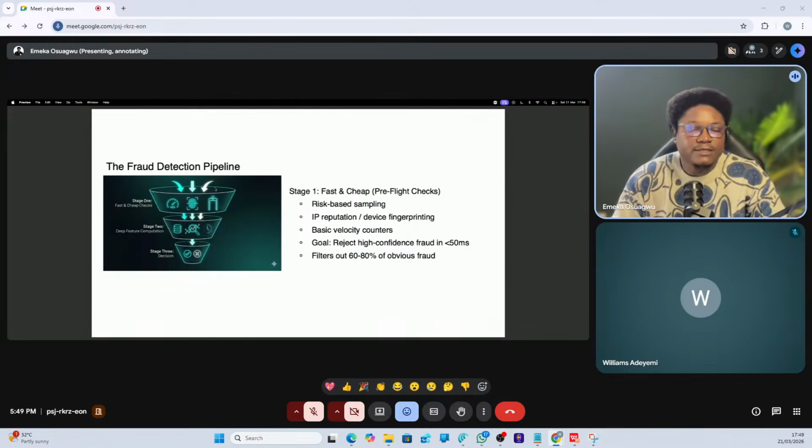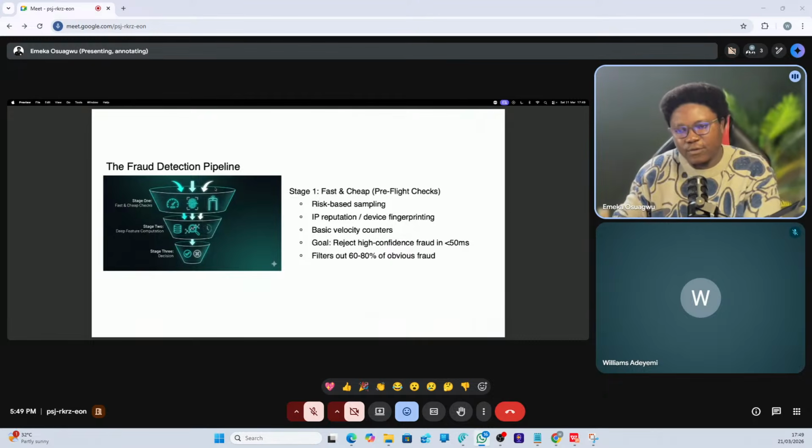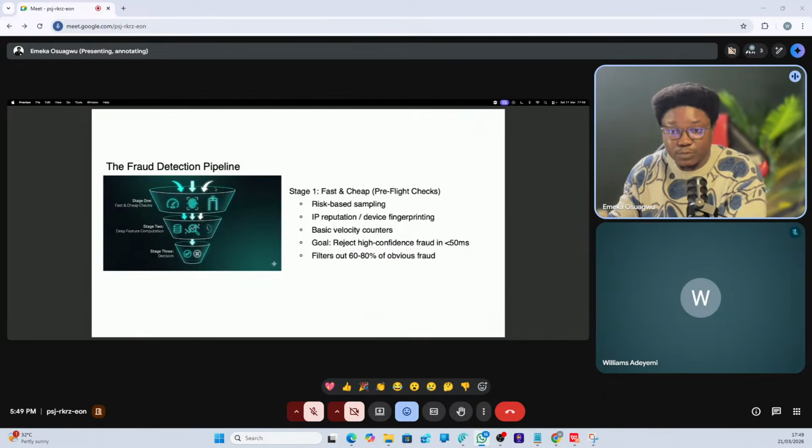Moving forward, let's talk about the fraud detection pipeline. The fraud detection pipeline is basically the stages through which we move the customer, their data, or the entity that represents the data, from one stage to another in our credit decision process.